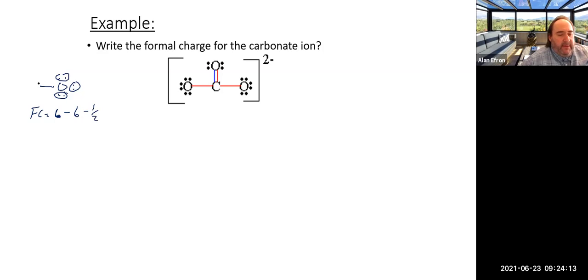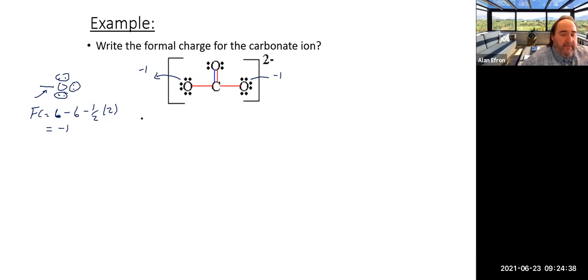Minus 1/2 the number of bonding electrons, which is that guy right there, which represents 2. So again, that's going to be 6 minus 6, which is 0, minus 1/2 of 2, which is minus 1 in this case. So this oxygen here is carrying a -1 formal charge. Oxygen on the right-hand side is identical, also carrying a -1 formal charge.